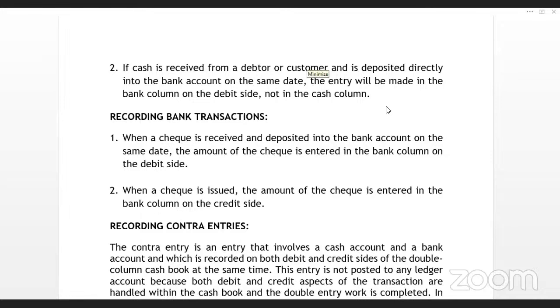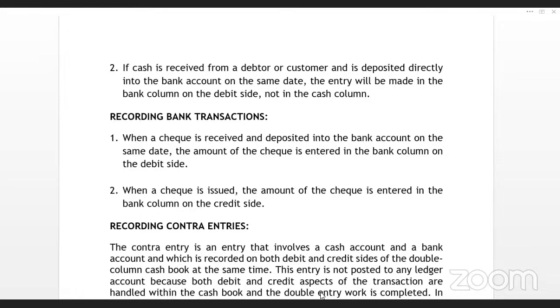When we look at the contra entry, it involves a cash account and a bank account for the very same transaction. An entry is made in the cash account and then in the bank account, for the same amount.